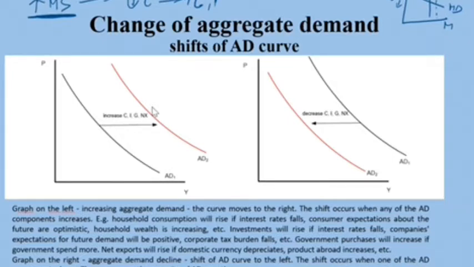When exports are more than imports? Sorry, one more time. When exports are more than imports? Yeah, and when we get, for example, higher exports. When the prices of goods decrease. If the price level in the domestic country will be lower, yeah?